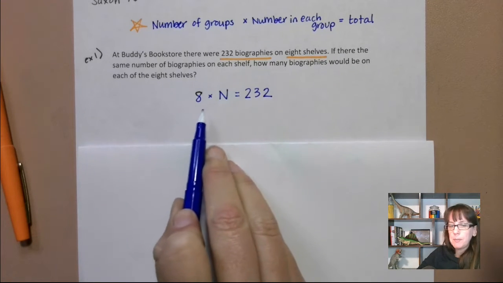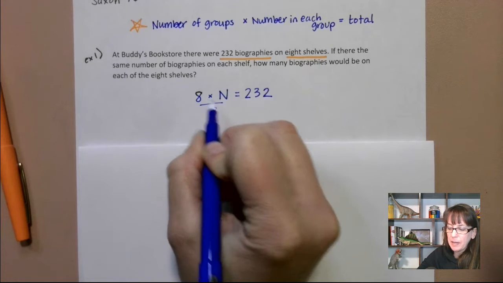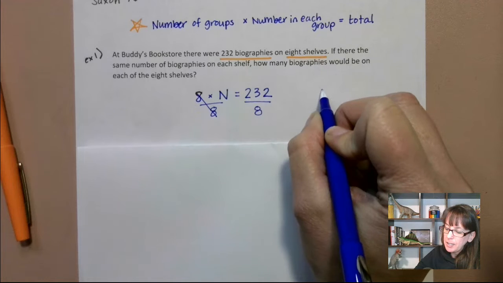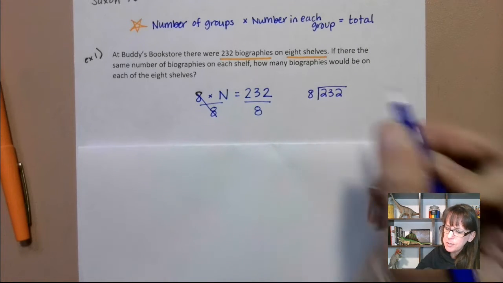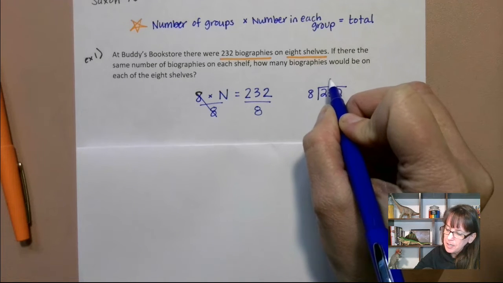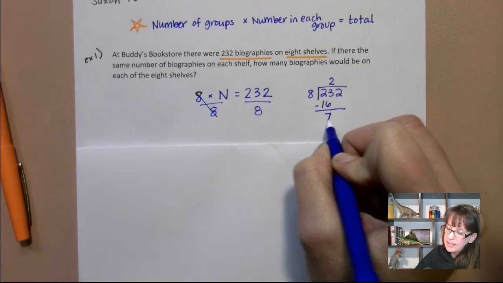Now, remember, the opposite of multiplication is division. So we can divide both of these by 8. So we have 232 divided by 8. 8 goes into 232. What is that? 2 times 8 is 16. Subtract, and we get a 7 there.